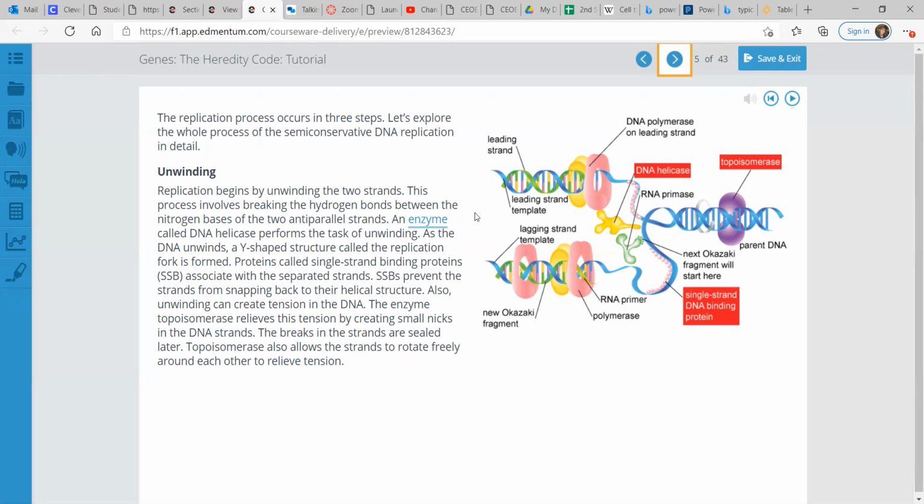The enzyme topoisomerase relieves this tension by creating small nicks in the DNA strands. The breaks in the strands are sealed later. Topoisomerase also allows the strands to rotate freely around each other to relieve tension.